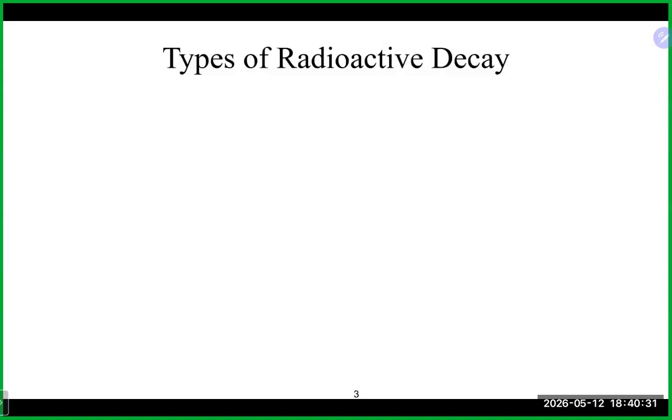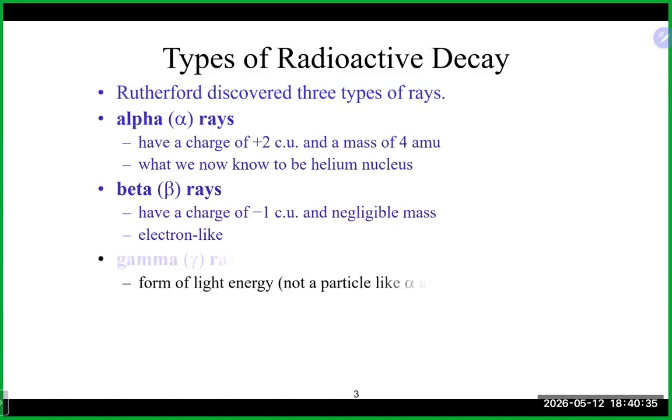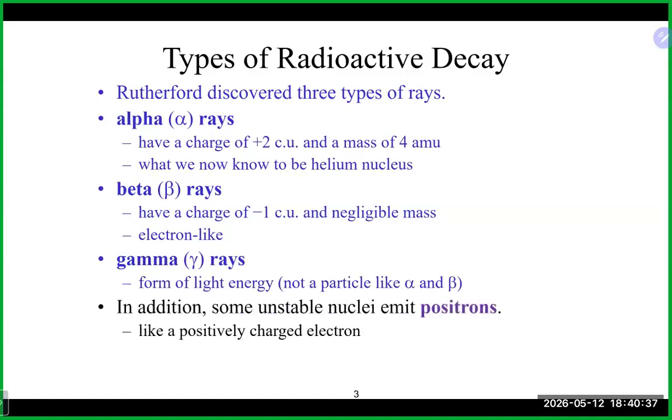Now, when we talk about radioactive decay, there are different types of particles that we come across. And our good friend Rutherford discovered 3 types of particles. We remember Rutherford. He did an experiment with some gold foil and all that good stuff, and he shot alpha particles at it. Oh my. So let's talk about those things.